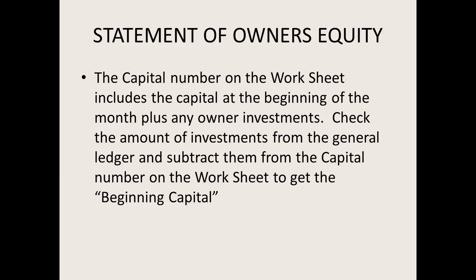In real life, I would have to look at the general ledger, and I could see how much the owner invested throughout this period, and I could see what the capital number was at the beginning of the period.